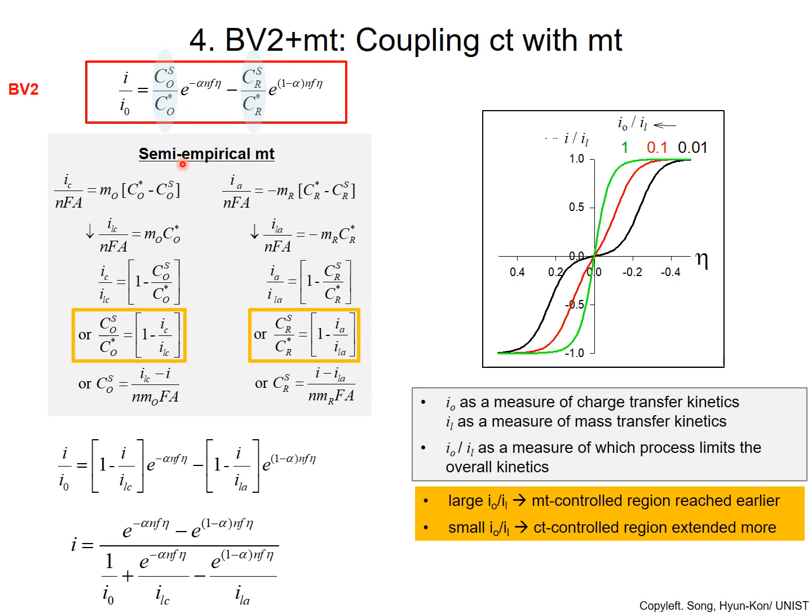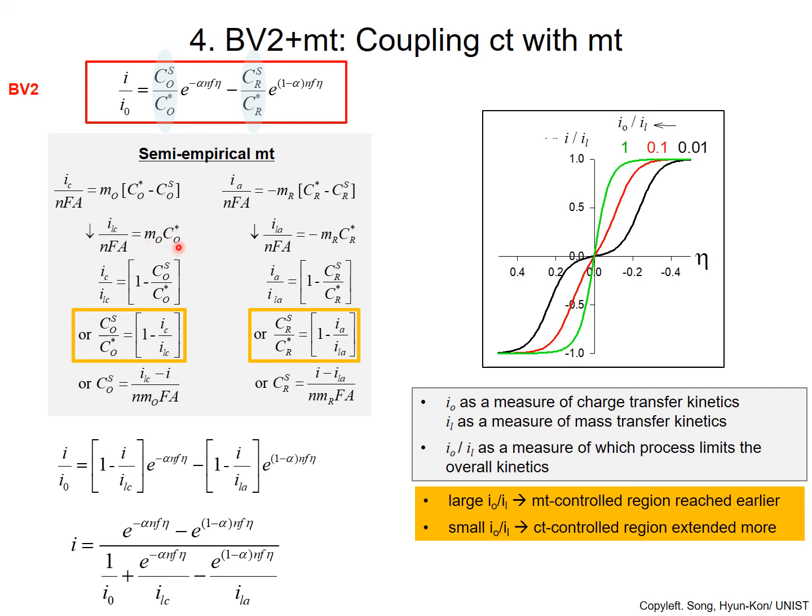In the previous chapter 3a, in which we learned about the semi-empirical approach for the mass transfer limited systems, we have derived several equations. For example, the current per nFA, which is the mole flux, is equal to the mass transfer coefficient times the concentration difference between bulk and surface. The other equation is the limiting current.